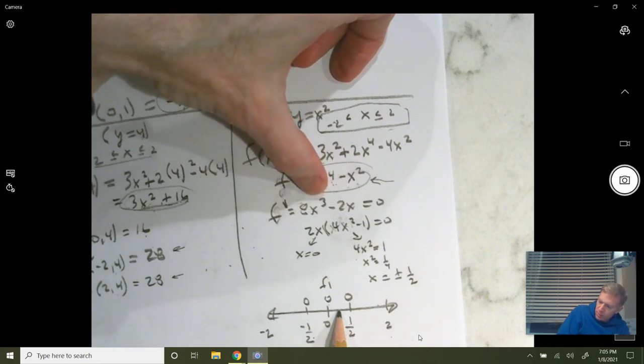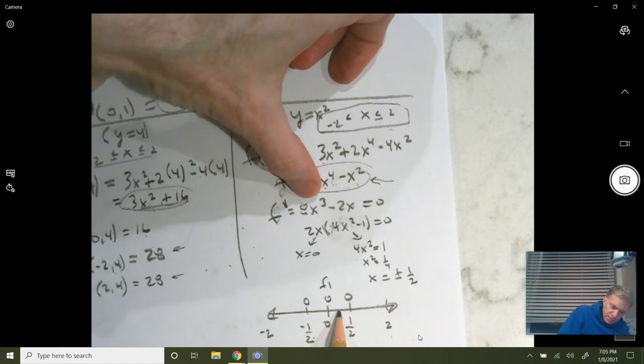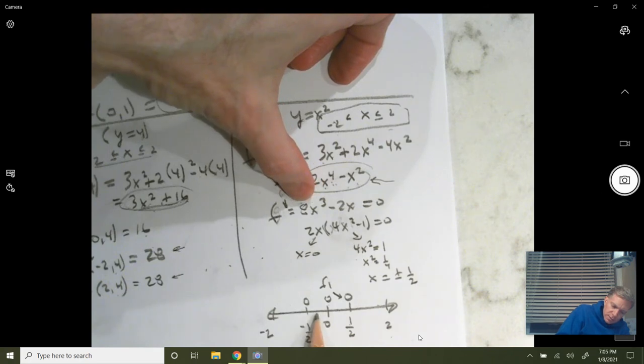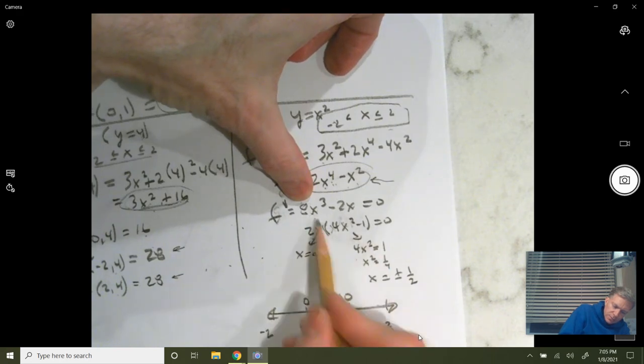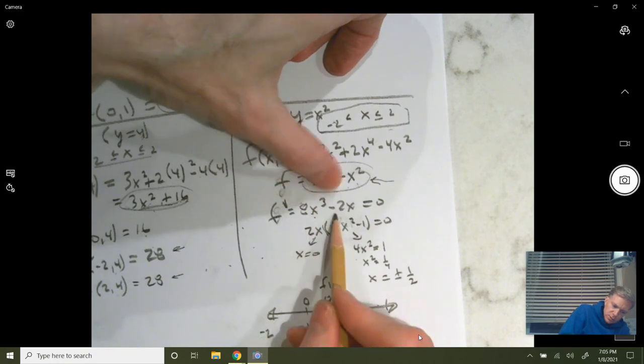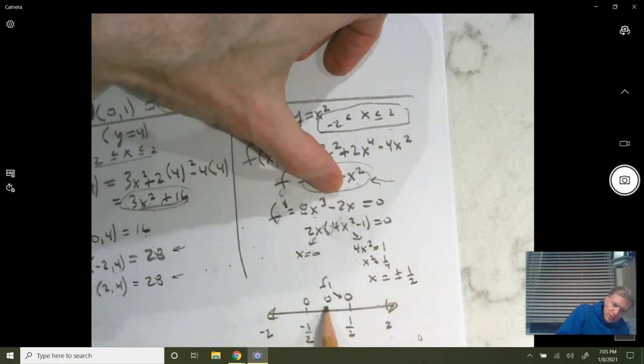That one comes out to be negative. Then let's say -1/4: 8 times -1/4 cubed, that's a -1/8, minus 2 times negative, so that becomes a positive. This is going to be positive.